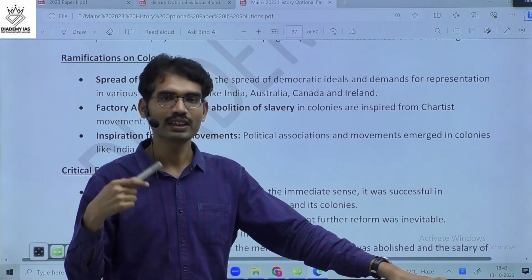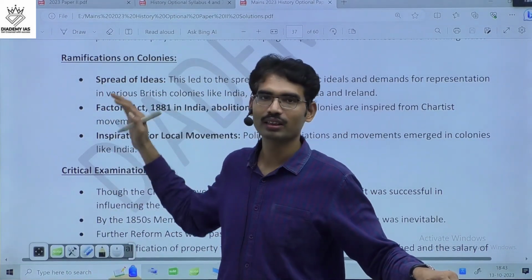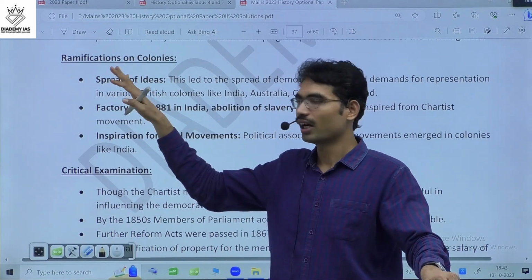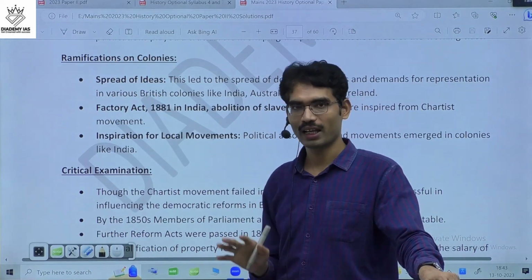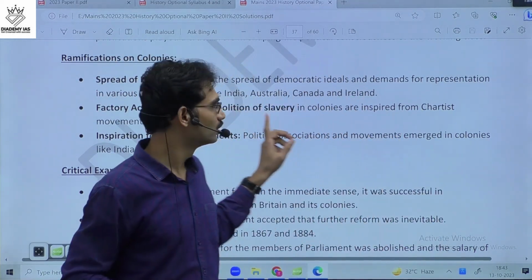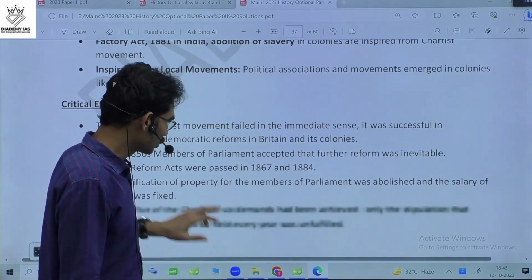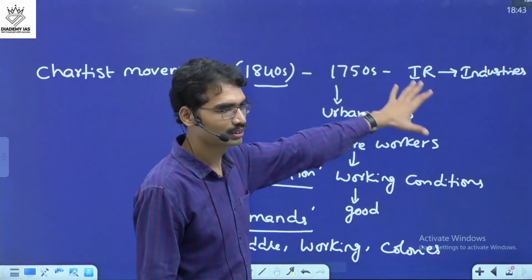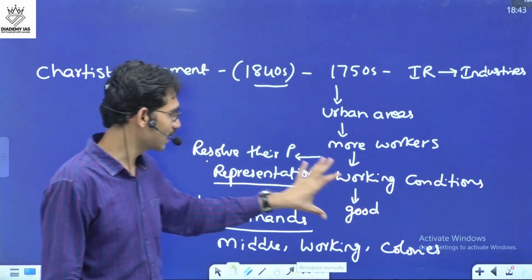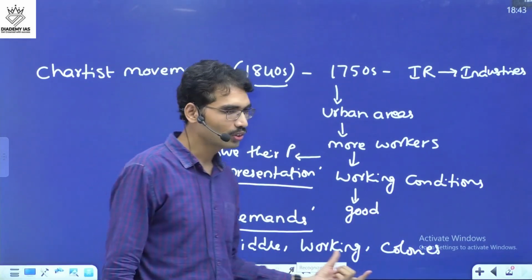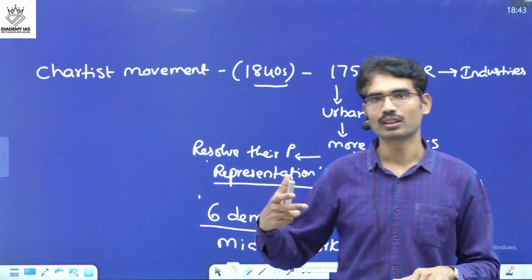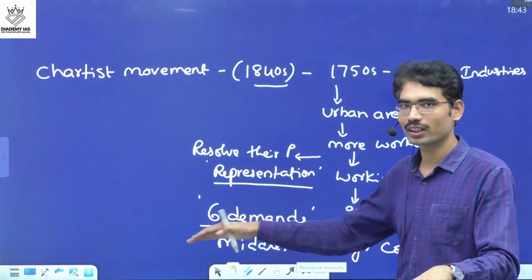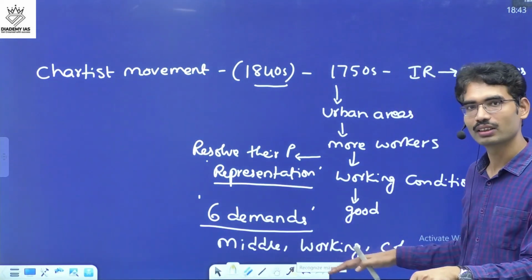So that is how it deepened the democratic principle in London, in England, and in other parts of the globe as well. So this is the Chartist movement. If you know the context, under what circumstances the Chartist movement came, even if you are not able to remember immediately, you can still write the answer with analysis.